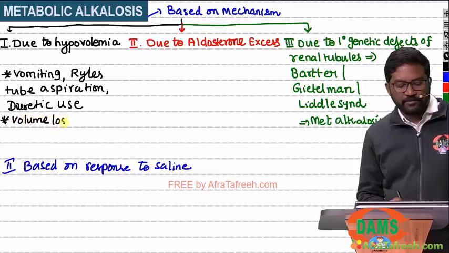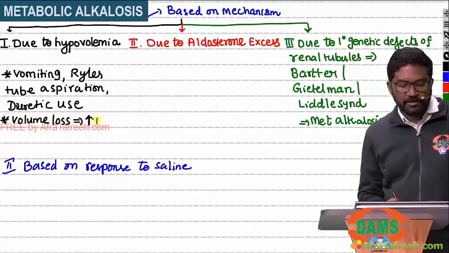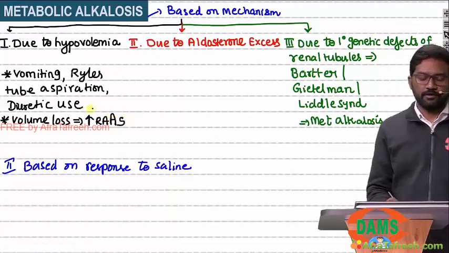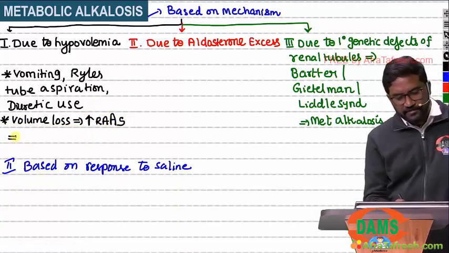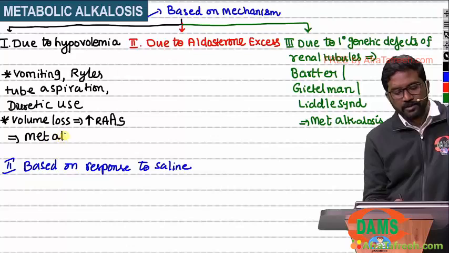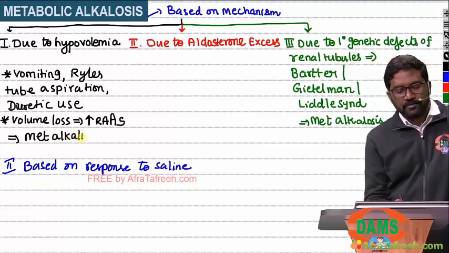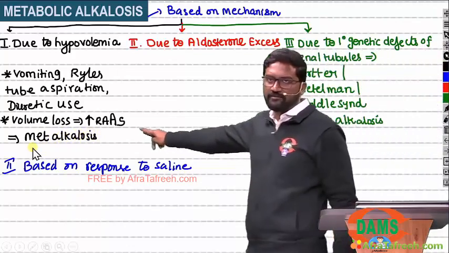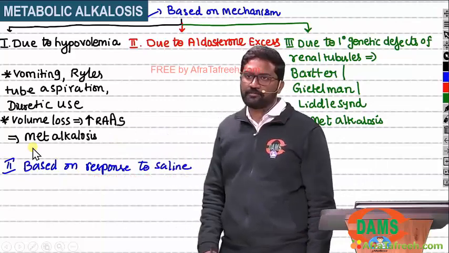So whenever there is significant volume loss, what is the system getting activated in your body? Renin, angiotensin, aldosterone system. So if aldosterone is excessively functioning, what is the end result? There will be metabolic alkalosis. Because of continuous or persisting volume loss, there will be activation of renin, angiotensin, aldosterone system that can be responsible for metabolic alkalosis.